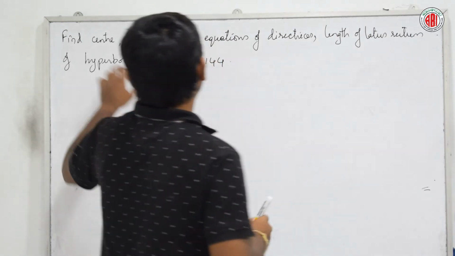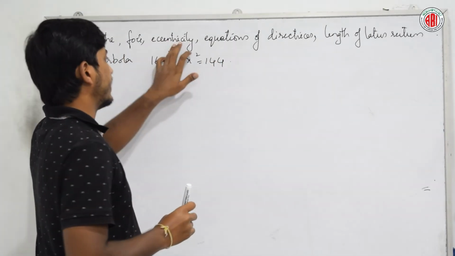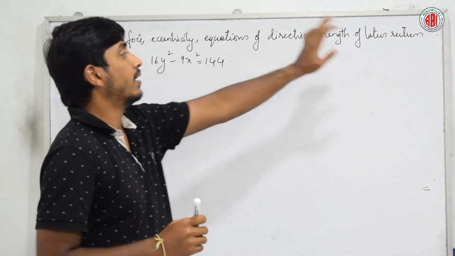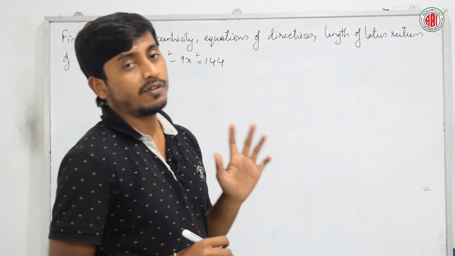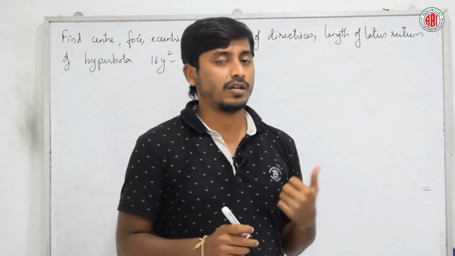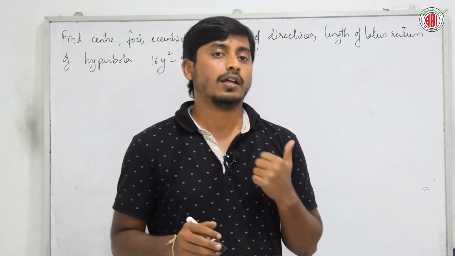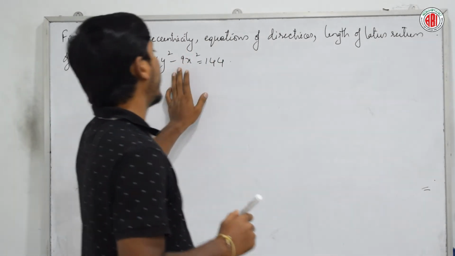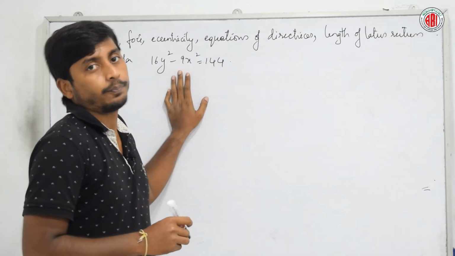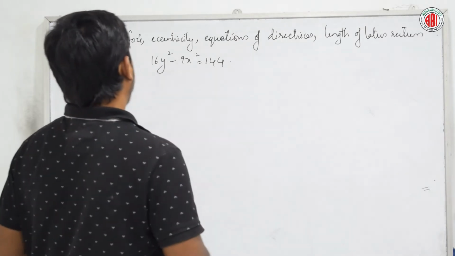He is asking us to find the center, foci, eccentricity, equations of directrices, and length of latus rectum of this hyperbola. The same thing we did in our ellipse, we are going to repeat. First step, we are going to convert this hyperbola into the standard form. How do we do that?